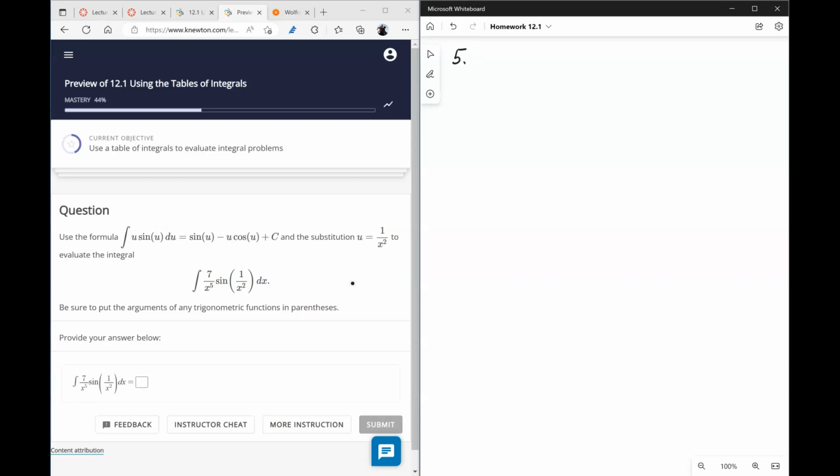They give us the formula, so now we just have to do what they told us to do. What I don't like about this suggestion is that they suggest using the letter u as a variable. I generally avoid using u as my substitution variable because we may need it for integration by parts.